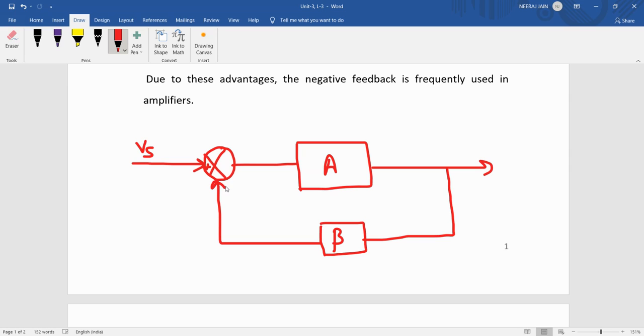ये वापस से यहाँ summer पर चला जाता है और that is the minus. We can put the minus or we can put the plus here also. If we are saying it is the summer, then we put the sum. Now what happens here: we are getting the output VO. If we give the input Vs, the input to the amplifier is denoted by Vi.